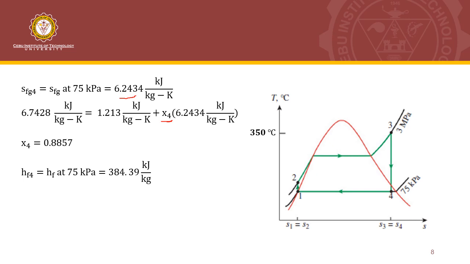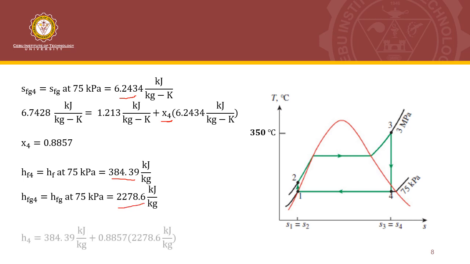So we can already get the value of H4. First, we need to get the HF4 in the same way that we get SF4. By using HF at 75 kilopascal, we have HF4 as 384.39. Also for HFG4, that is HFG at 75 kilopascal, so that is 2278.6 kilojoules per kilogram.